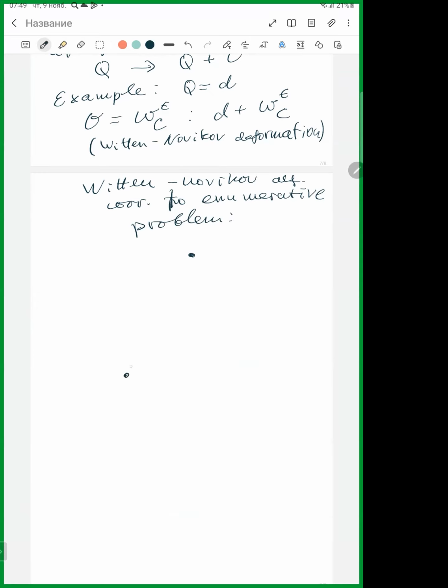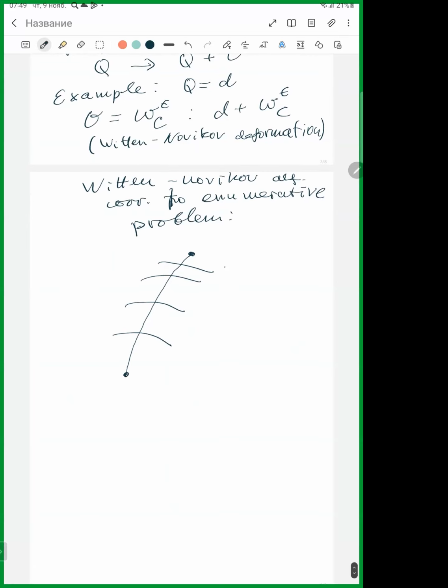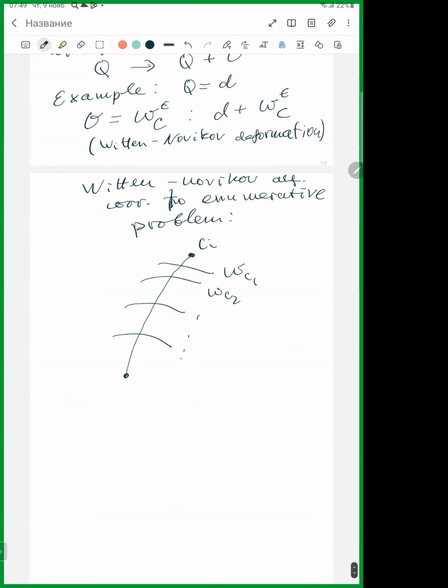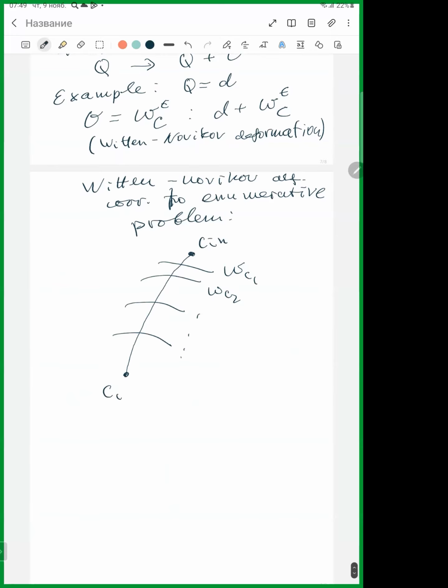We have a trajectory, and here we have cycles, omega c1, omega c2, etc. Okay, so here I have C in, here I have C out.